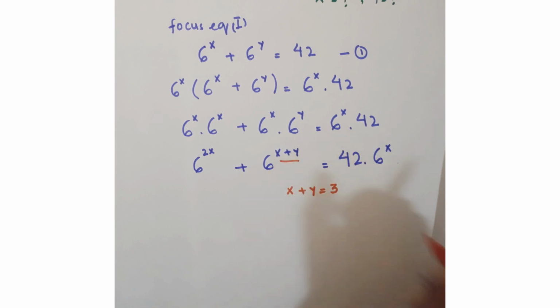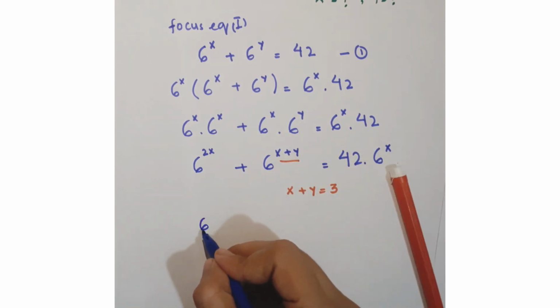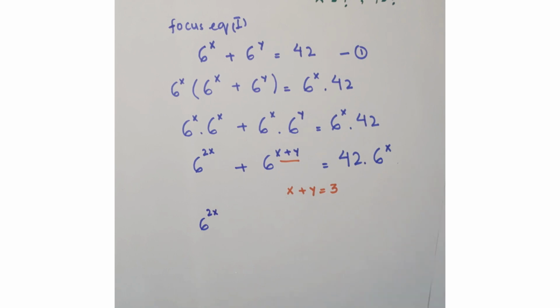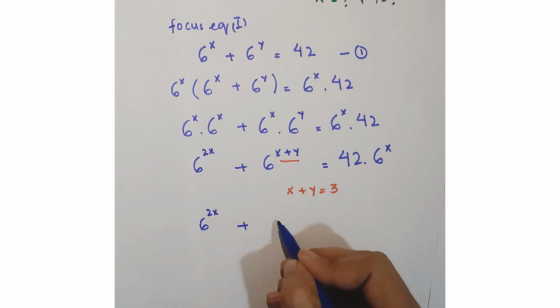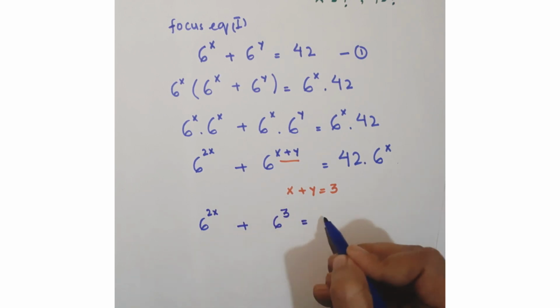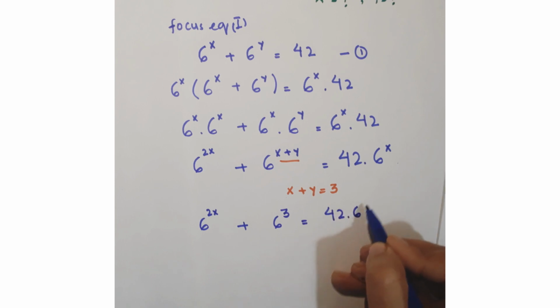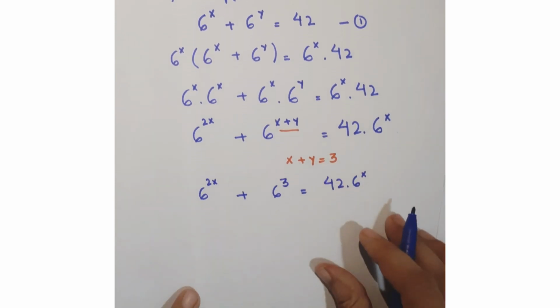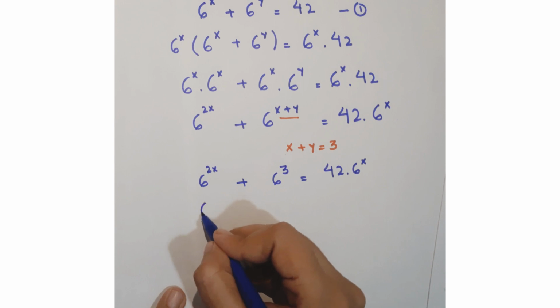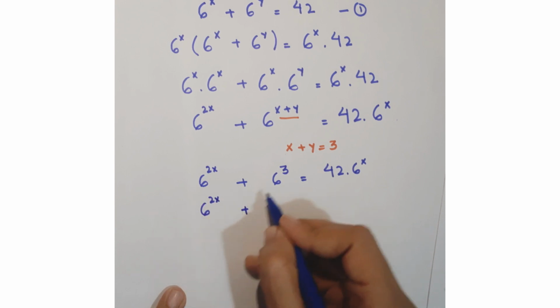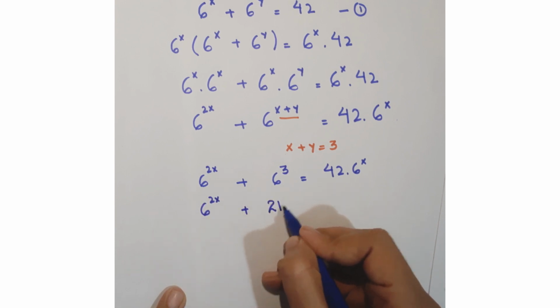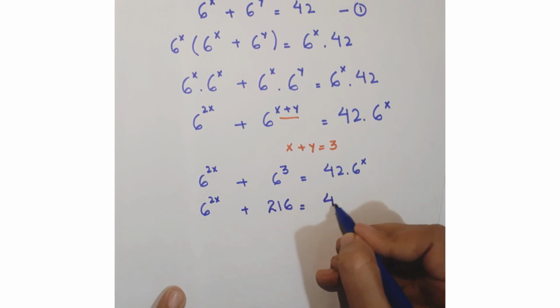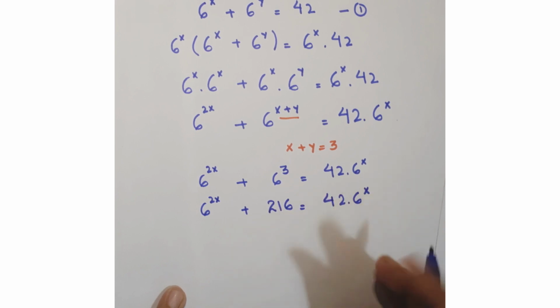Just replace this x plus y with 3. So you get 6 to the power 2x plus 6 to the power 3 is equal to 42 dot 6 to the power x. Further, 6 to the power 3 is 216, and here you get 42 into 6 to the power x.